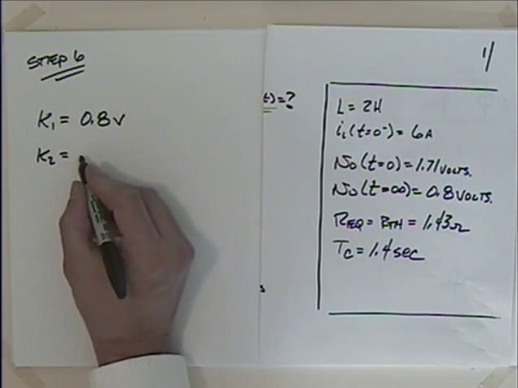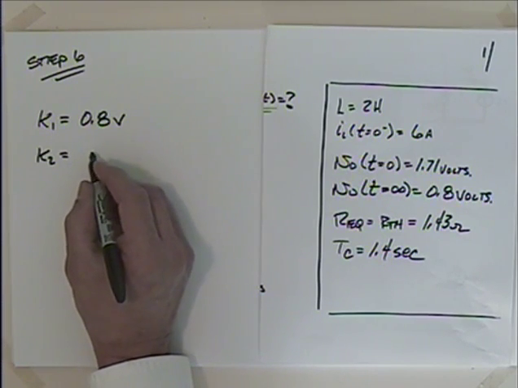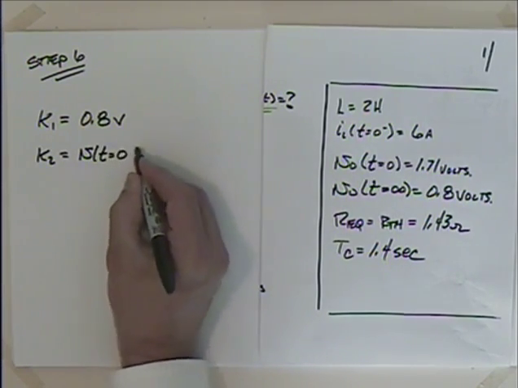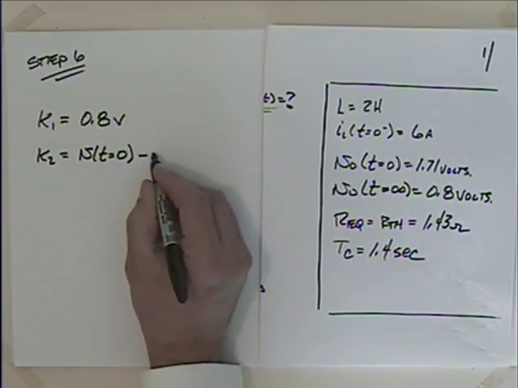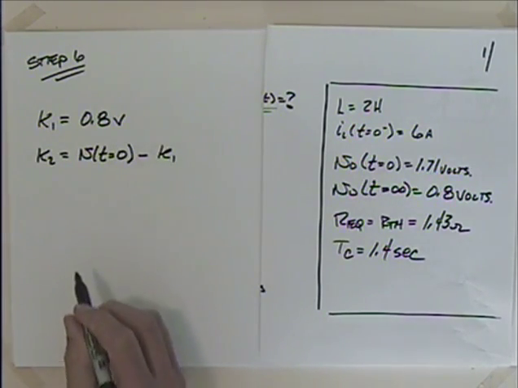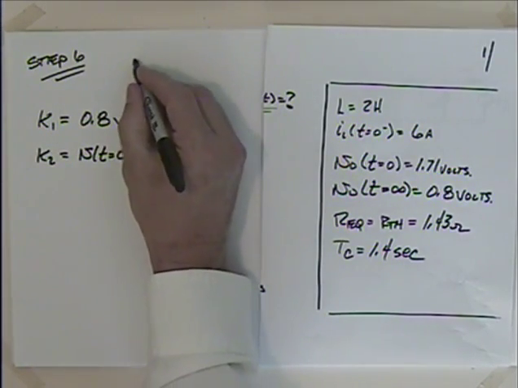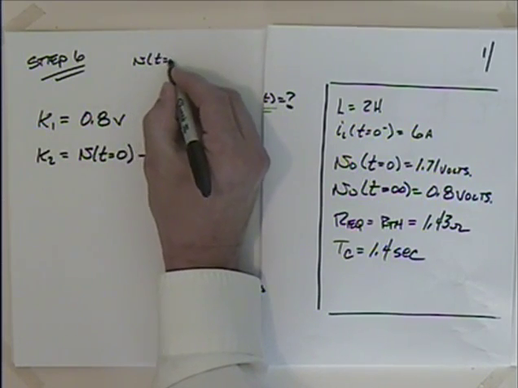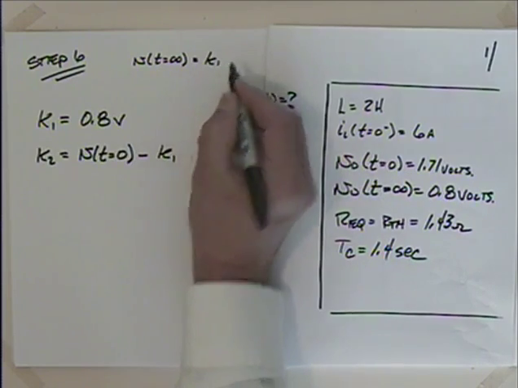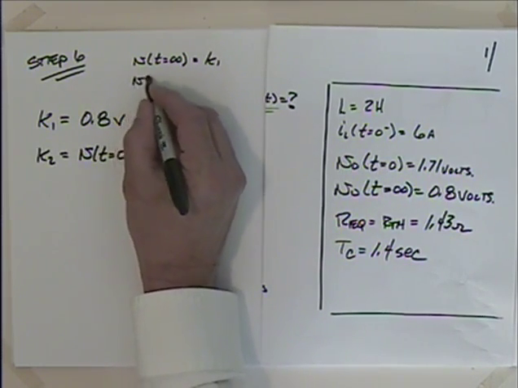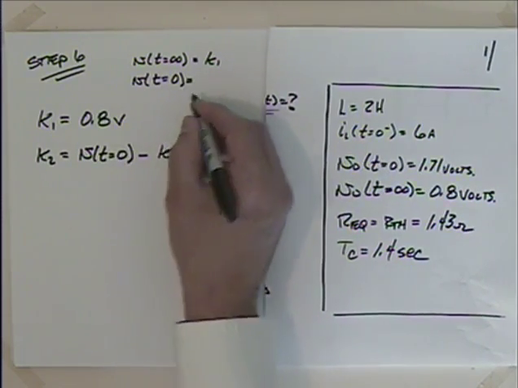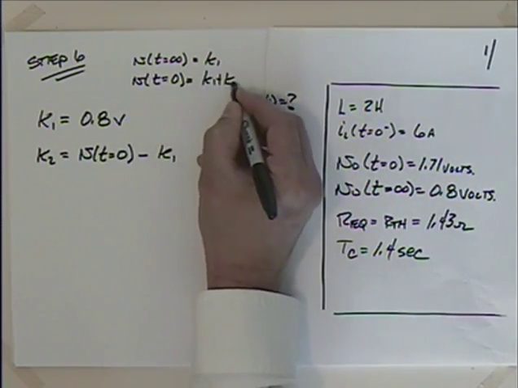K2 is equal to the voltage at time equals 0 minus K1. Is that right? Because when we said that voltage at time equals infinity is equal to K1, and the voltage at time equals 0 is equal to K1 plus K2.